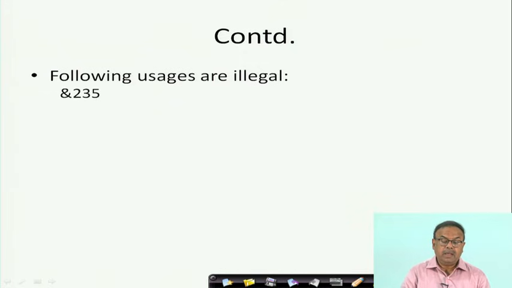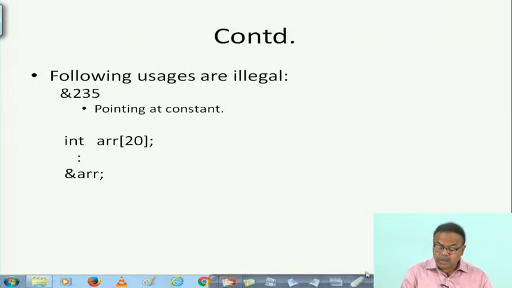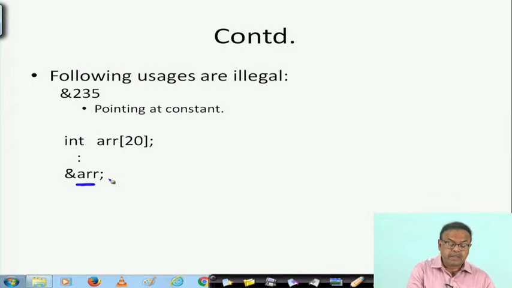Now, what is illegal? This is illegal: &235. The reason is obvious. 235 is not a variable, it is a constant. So, it does not have any fixed position in the memory. It is not a memory location, therefore, it does not have any address, that is meaningless. Pointing at a constant is not possible. Say int arr, I cannot say &arr, because this shows that arr is a particular variable, but it is an array.